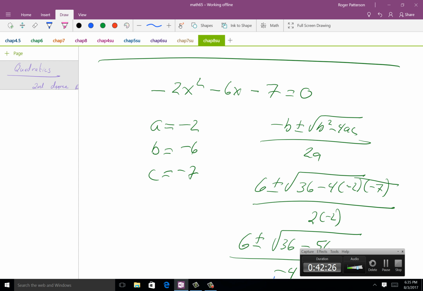Okay, that's why it doesn't have any solution. If I type it in, right away it says undefined here. I don't even have to divide it by anything. It says undefined, okay, because again, it can't take the square root of a negative, all right?